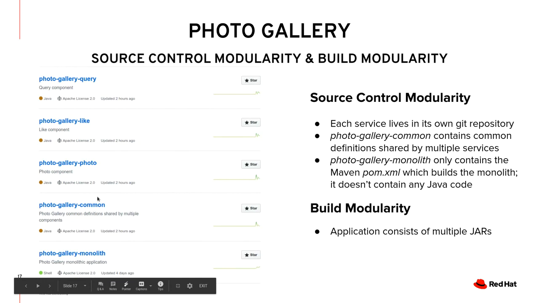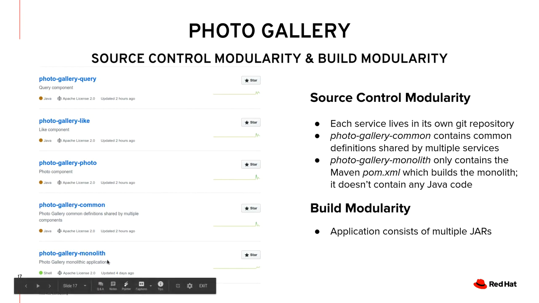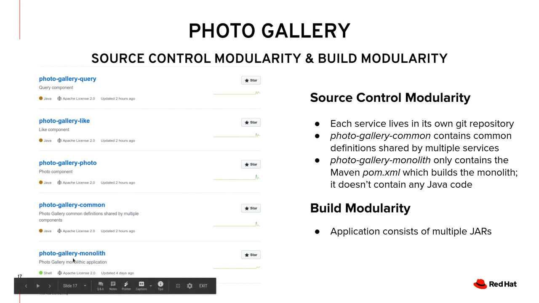The photo gallery common repository is where we store all the common definitions, which are shared by multiple modules. We also have the gallery monolith repository, which doesn't contain any source code, but it contains a POM file for Maven to be able to build the monolithic application using the 3 modules, photo, like, and query.